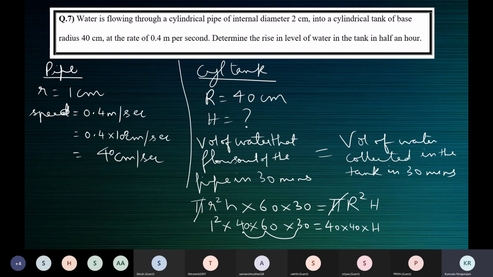For the pipe, that's the height of the water that comes out in 1 second. You should find the height of the water that comes out in 30 minutes. In 1 second, 40 centimeters comes out. Multiply by 60 seconds for 1 minute, and that again into 30 will be for 30 minutes.